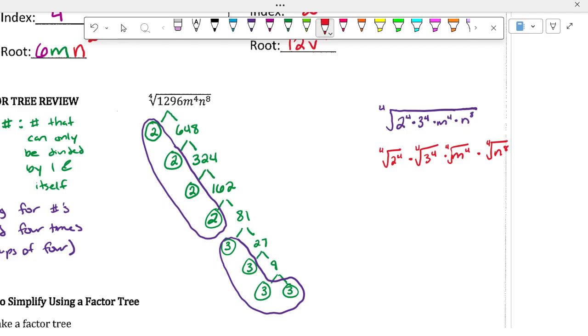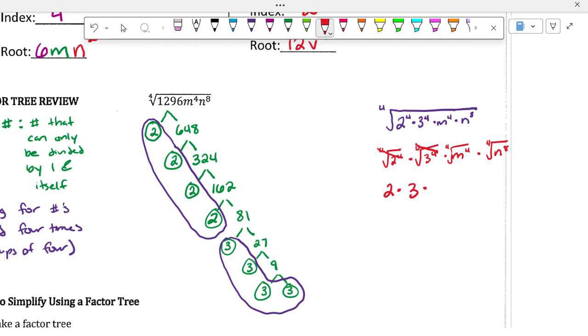What's the fourth root of 2 to the fourth? So guys, if we're taking the fourth root of a fourth, what's going to happen to each other? They're going to cancel out. So what do we have left? 2. So I have 2 times, what's the fourth root of 3 to the fourth? 3.